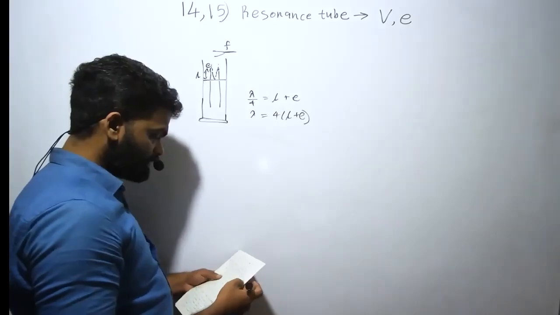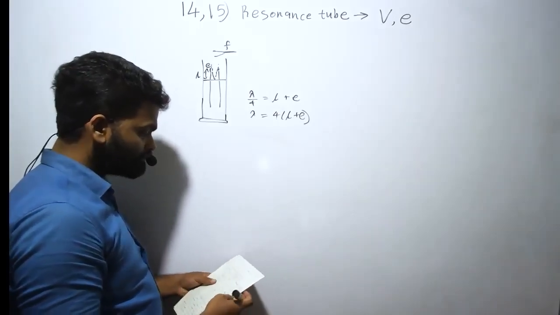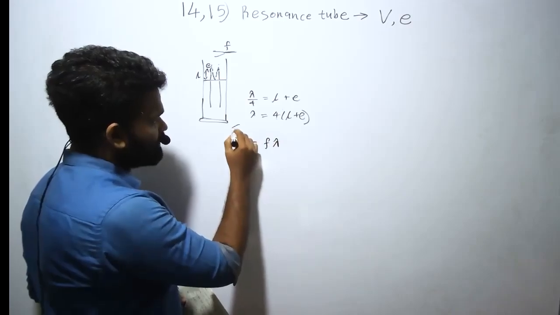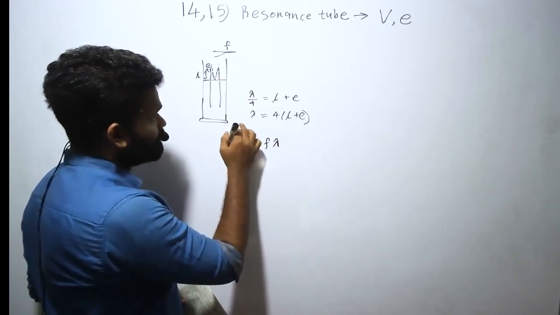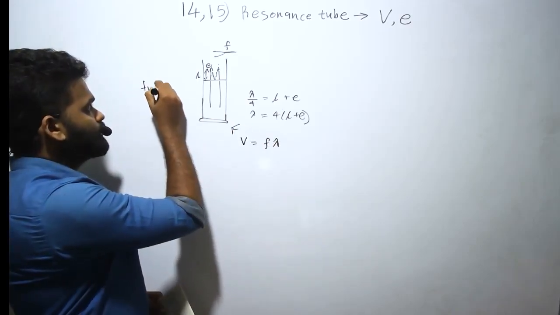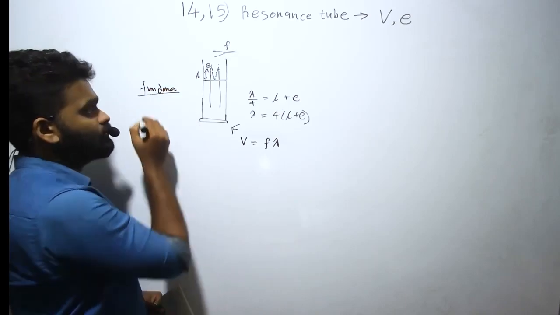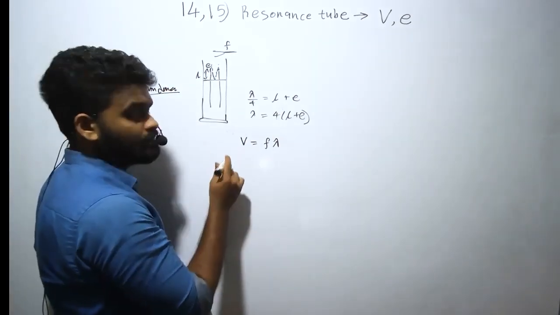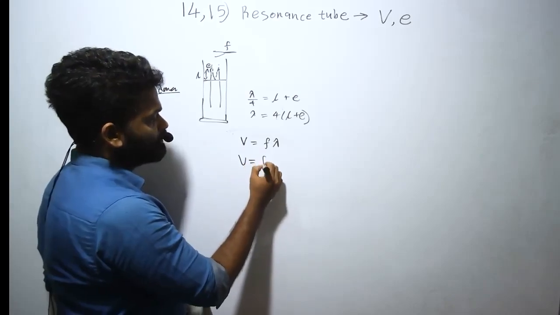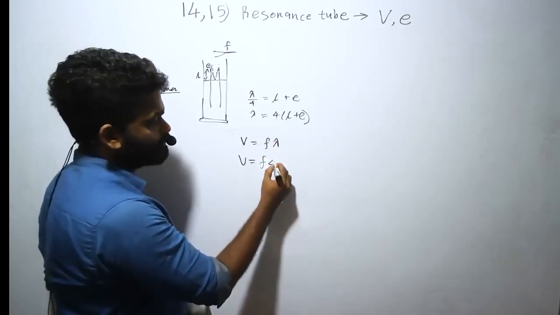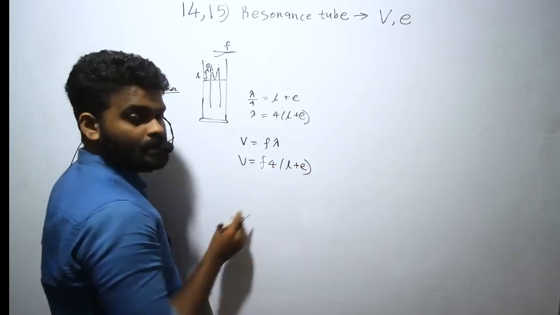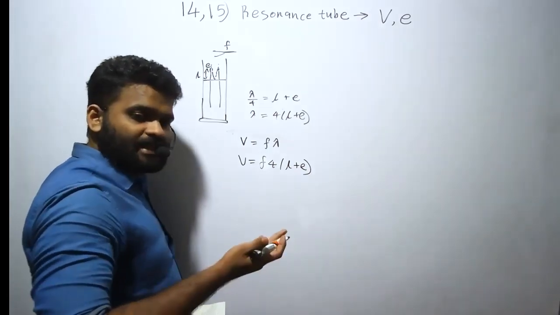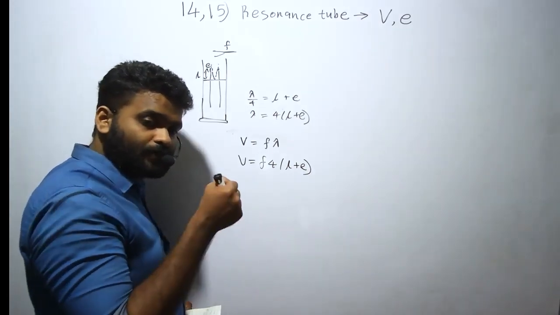So you know that if we apply V equals F lambda, this is for the fundamental, right? We are only using this for the fundamental. We are not using other resonances. We are only using fundamental. So you can apply V equals F lambda. So V is equal to frequency times lambda, and lambda means this, 4 times L plus E. So here, what we change is the frequency.